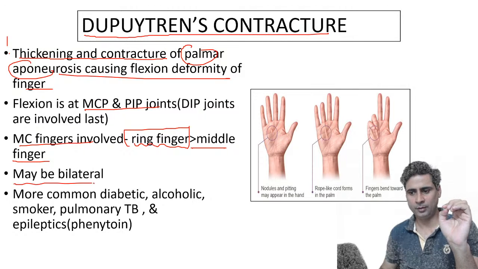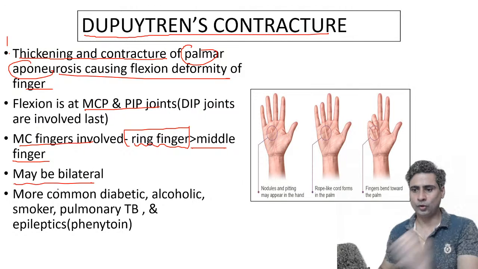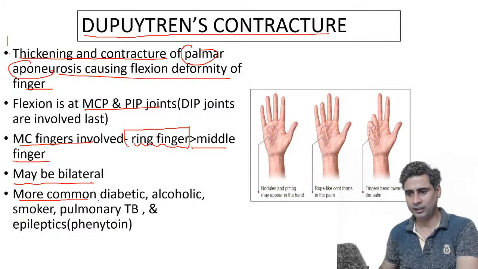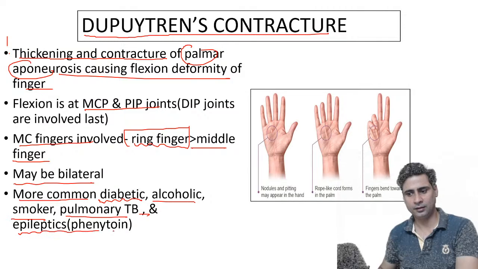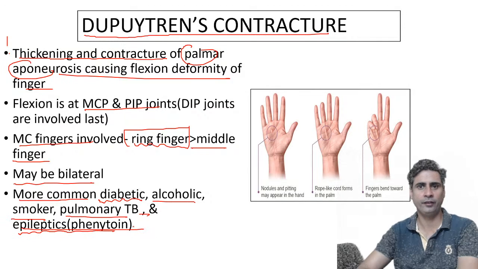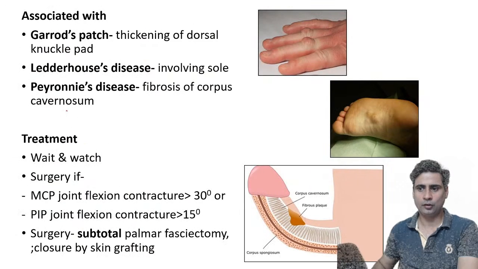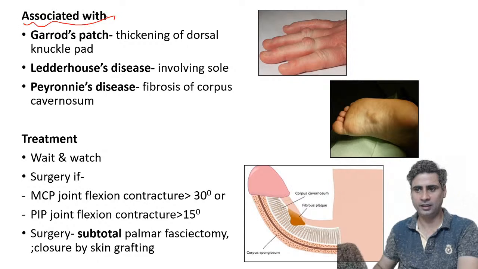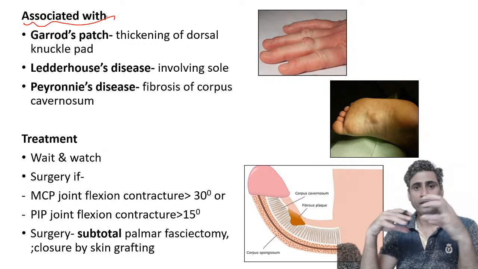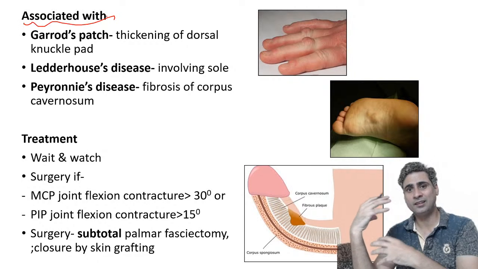In some cases it may be bilateral, and for unknown reasons it is associated with disorders like diabetes mellitus, alcoholics, smokers, pulmonary tuberculosis, and epileptics who are taking phenytoin. Dupuytren's contracture may also be associated with contractures or fibroblastic proliferation at some other site.